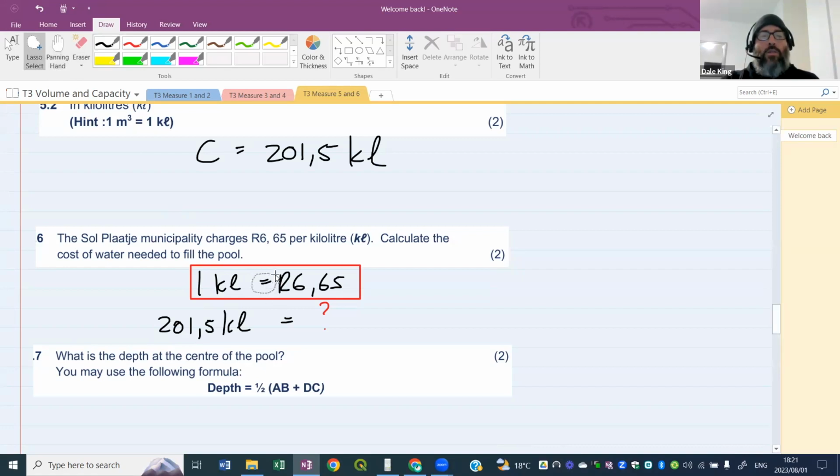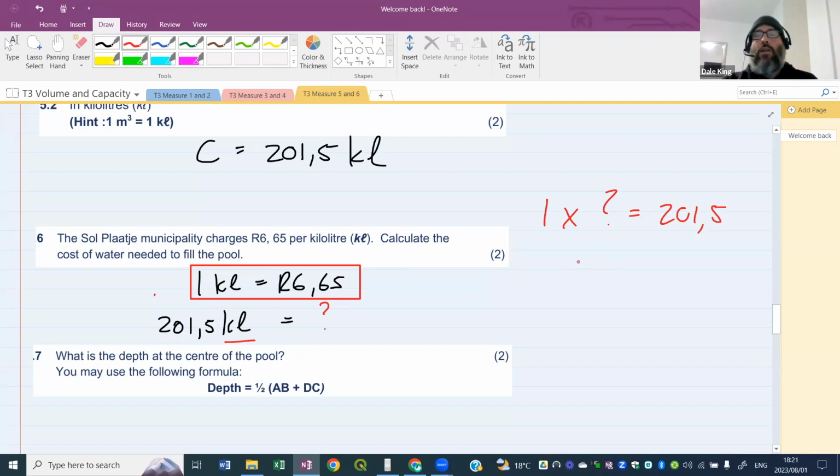If there is a relationship between a pair of numbers like this, then what we can do is say to yourself, if we've got a same units, a new value with the same units, what did we do to this 1 kiloliter that it became 201.5 kiloliters? So Lufuno is suggesting to find that out, you can divide the two numbers. So 1 times something equals 201.5.